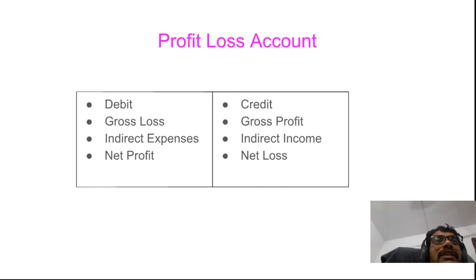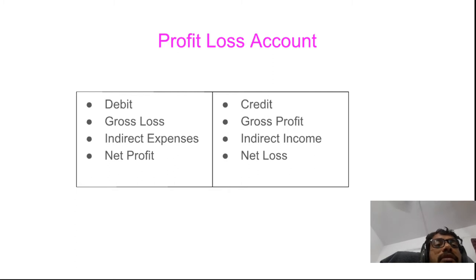Then indirect expenses, which are related to salesman expense, traveling expense, stationery expense, accounting fees and other fee structures for the business. Depreciation is also mentioned here, and some patent and trademark expenses, legal fees paid, staff salary, directors' remuneration, and all the others are mentioned here.